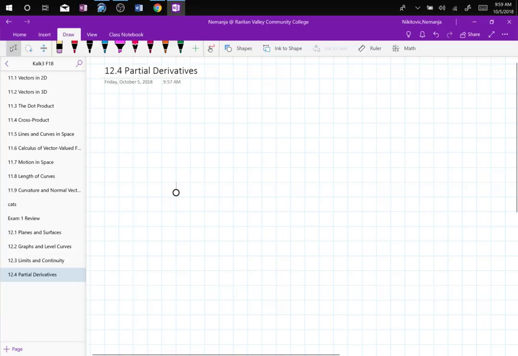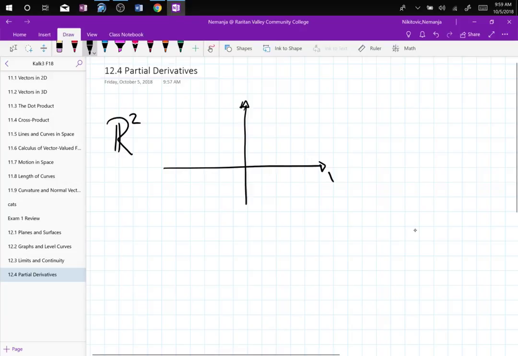We know about derivatives from Calc 1, and those derivatives are done along the x-axis. When you have the two-dimensional realm, which we call R2, we draw the xy plane with x being the independent variable and y being the dependent variable, and we have some function f of x in there.